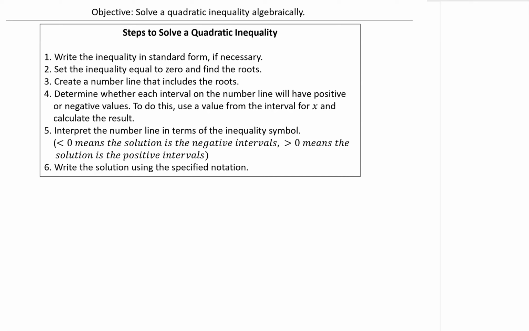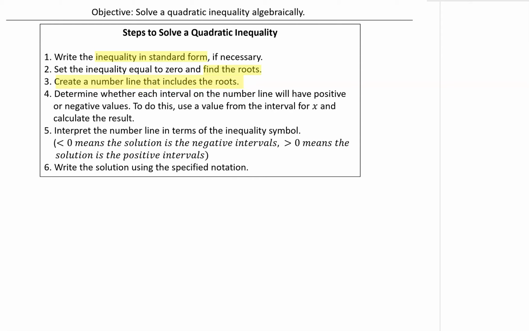So this is the procedure that I have basically just been discussing. We're going to make sure that our inequality is in standard form first. If it's not, we are going to find the roots, which remember is a synonym for zeros. We're going to create a number line that represents our x-axis and includes those roots or zeros.